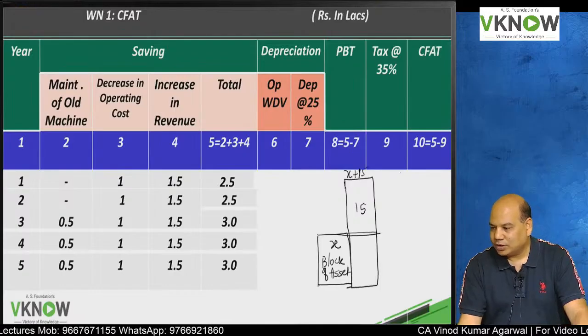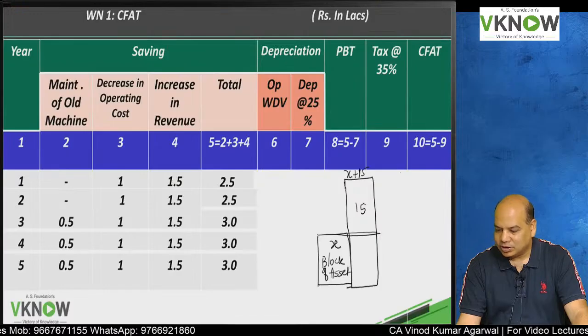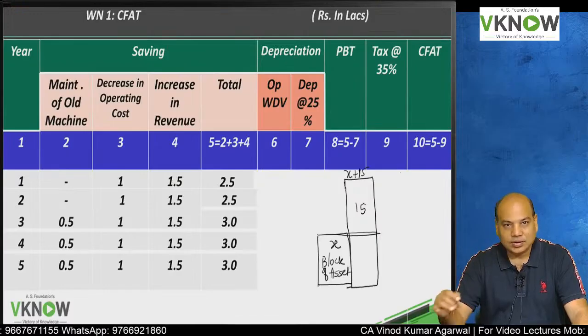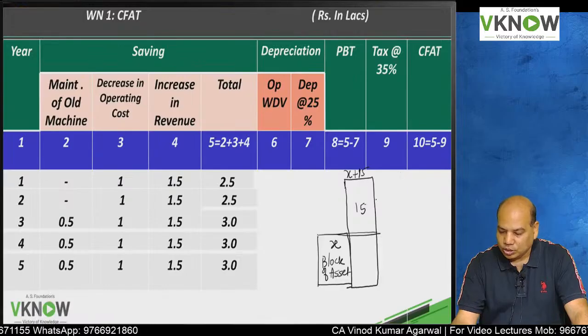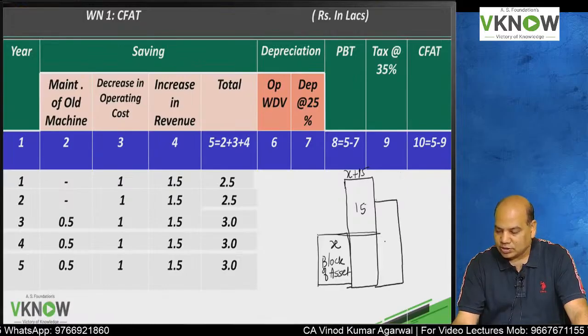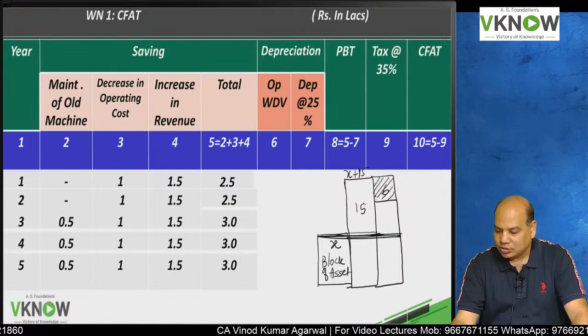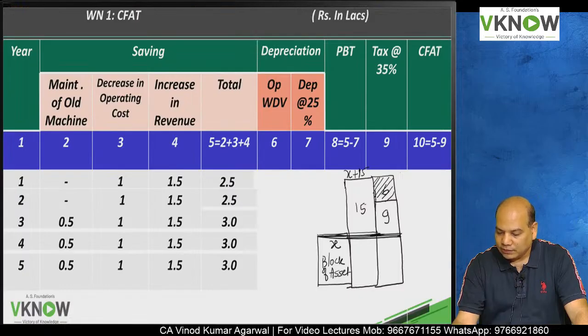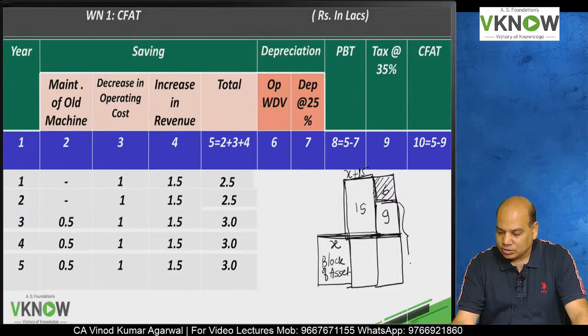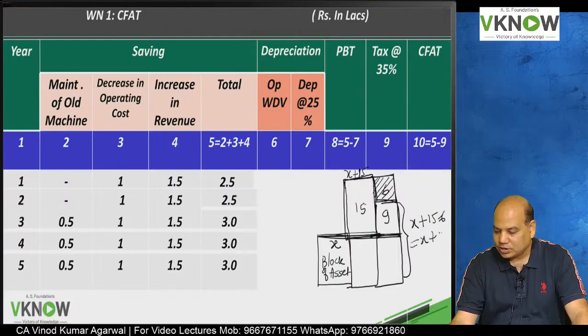We sold the old asset for 6 lakh, so my block will reduce by 6 lakh. So the net increase in the block is 15 minus 6, which is 9. The block will be X plus 15 minus 6, X plus 9.